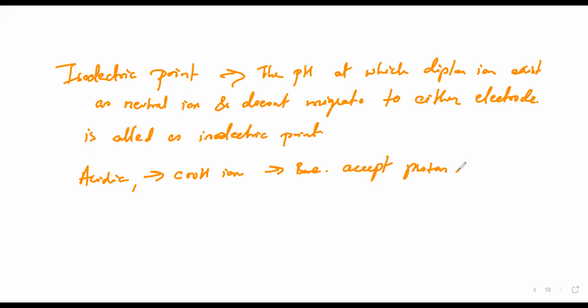Now, as I told you, amino acids which form the protein have a bond called the peptide bond. That is nothing but the CONH bond. You can say it as a bond or a linkage.